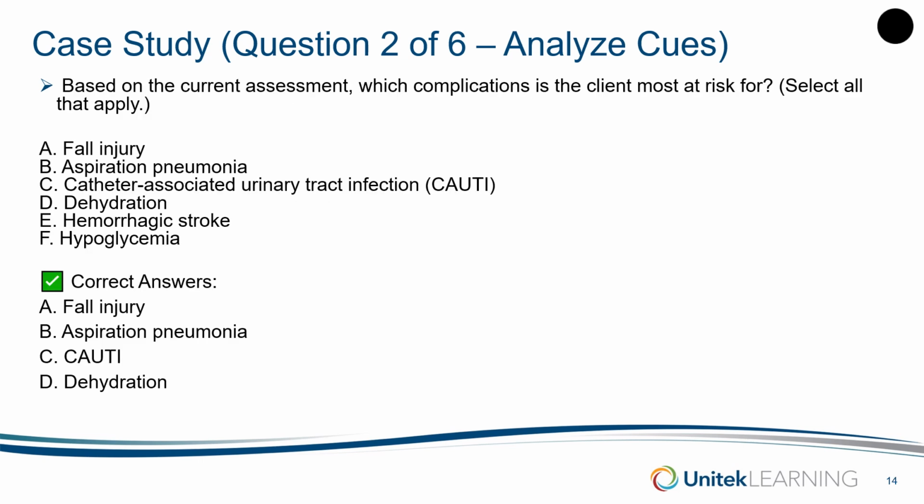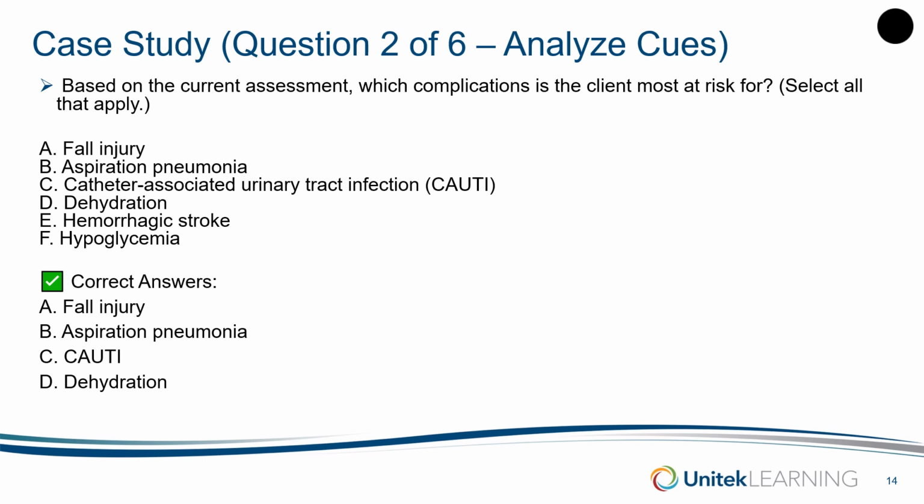So let's identify those risks. This client is at risk for fall injury, aspiration pneumonia, that CAUTI or catheter-associated urinary tract infection, and dehydration. All of these stem from the impaired mobility, the NPO status, the catheter use, and the confusion.